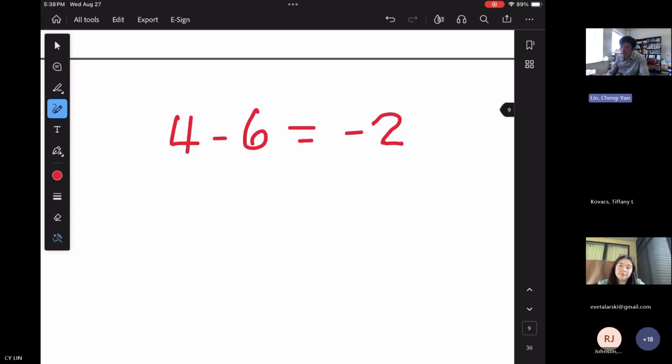So therefore, we have another way. This is in the German classroom. They use a method called decompose. They use the decompose method to help children understand subtraction.